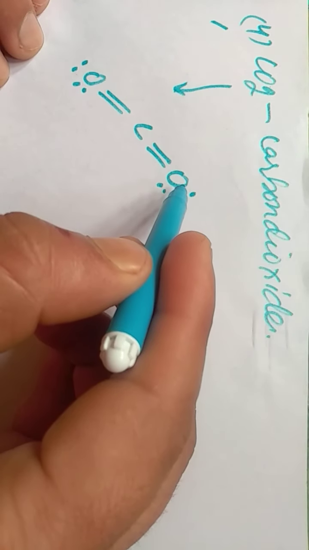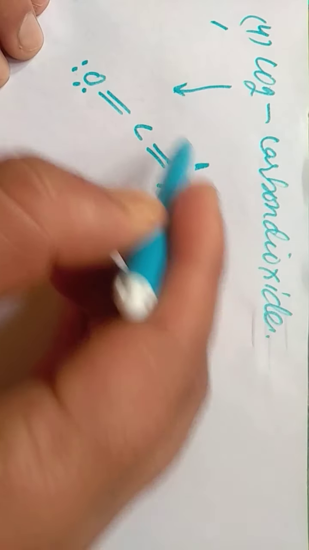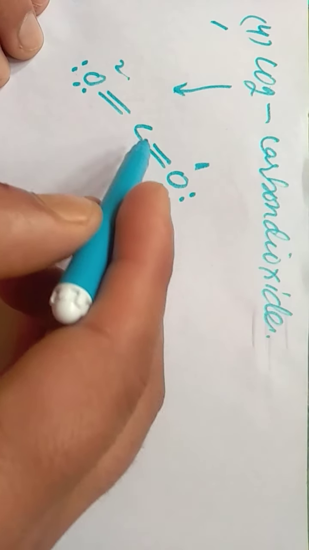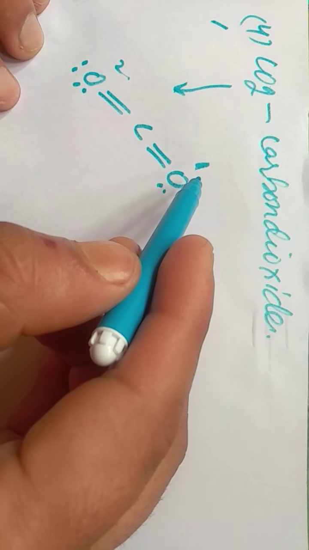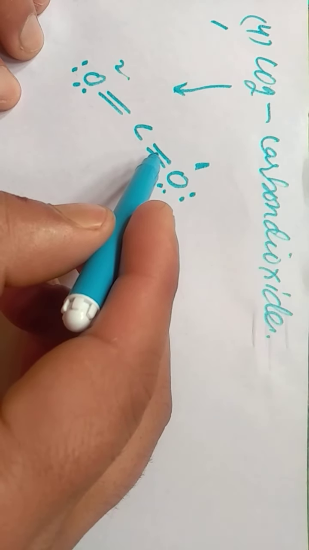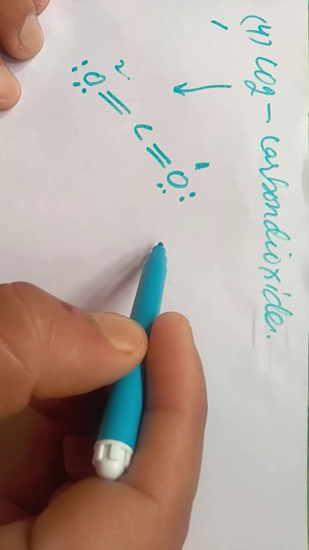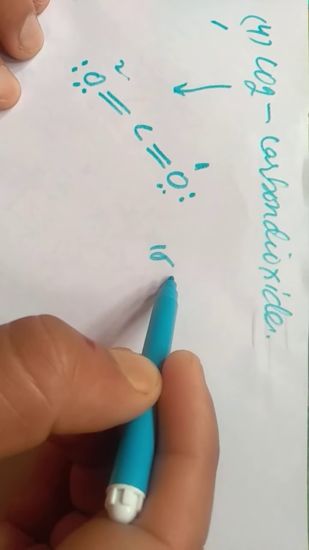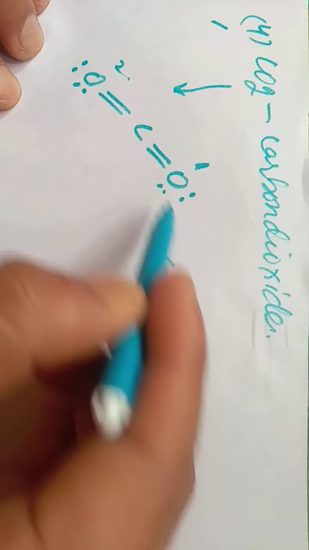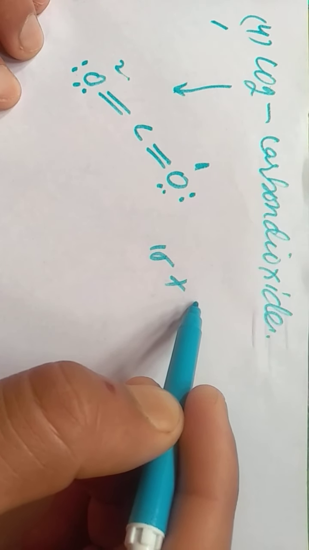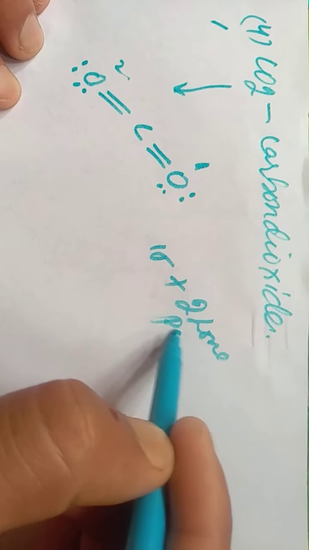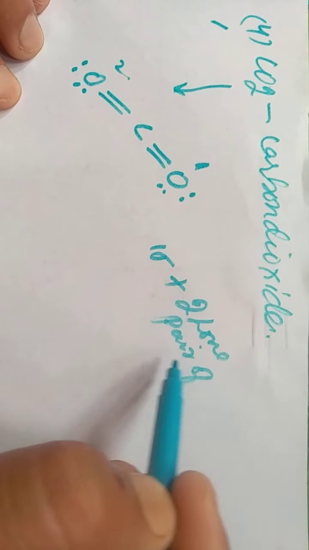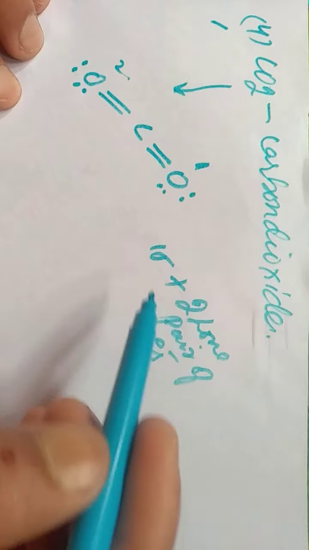Now we start from this first oxygen atom. There are 2 oxygen atoms, so we start from the first one. 1 sigma bond is there, plus 2 lone pairs of electrons, right?